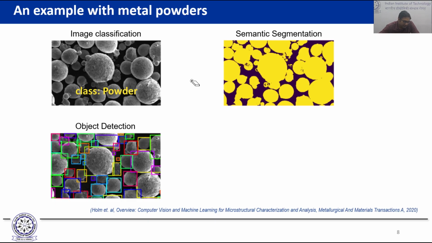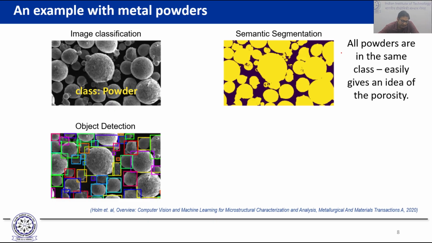Remember, as we had discussed, the semantic segmentation simply classifies the pixel. So here, the semantic segmentation is classifying whether that pixel belongs to a powder or whether that pixel belongs to the gap between the powders. By doing this, you place all of the powders in one class and all of the gaps or the pores in the other class, and therefore you get an idea about the porosity.